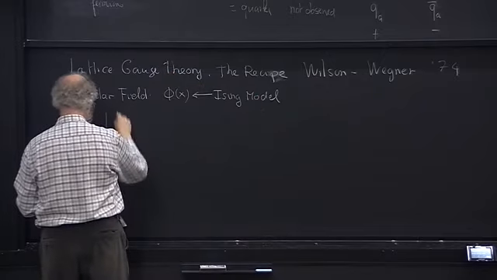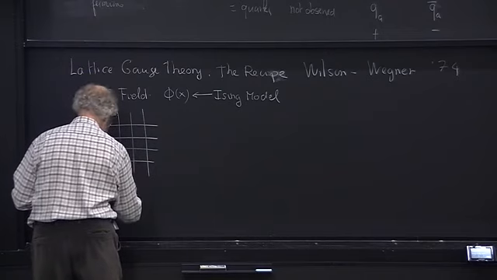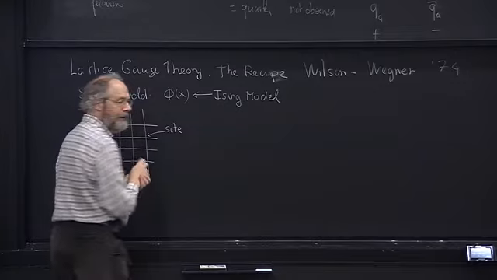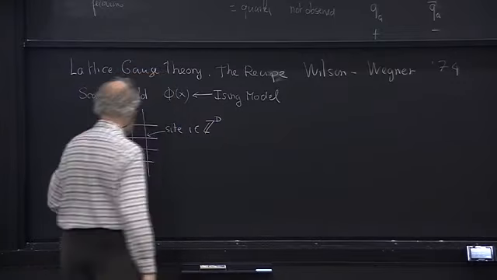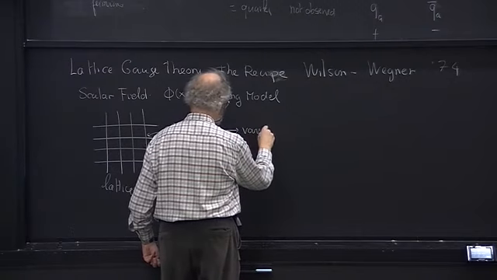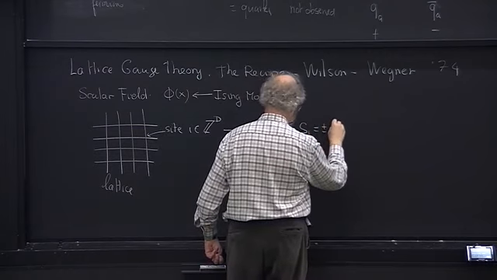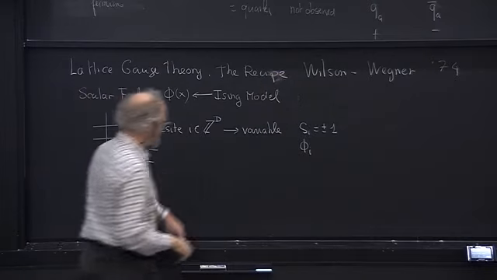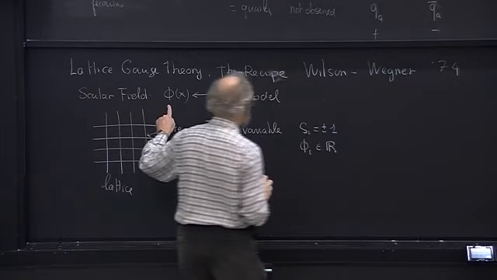You take a lattice, and at each site i belonging to Z^D, let's say the lattice Z^D, you associate a variable, which can be an Ising spin s_i equal plus or minus 1, or a continuous real field phi_i, or phi of x. So that's the trick.